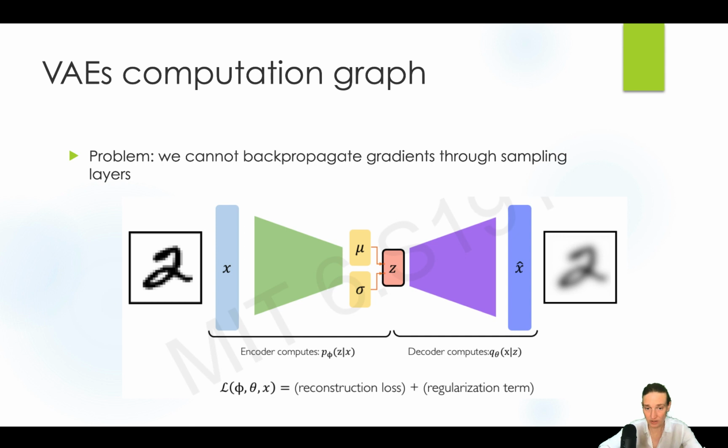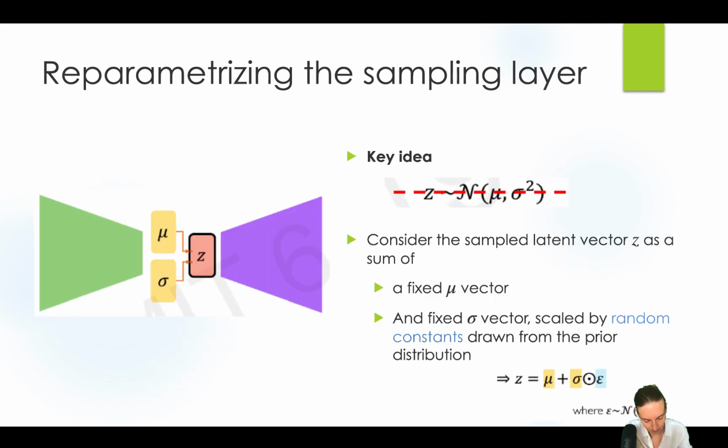All right, there's a problem here because now we have this sampling that takes place here. We can actually not backpropagate through sampling layers. So how do we train this network in practice? The key idea is to reparametrize the sampling layer.